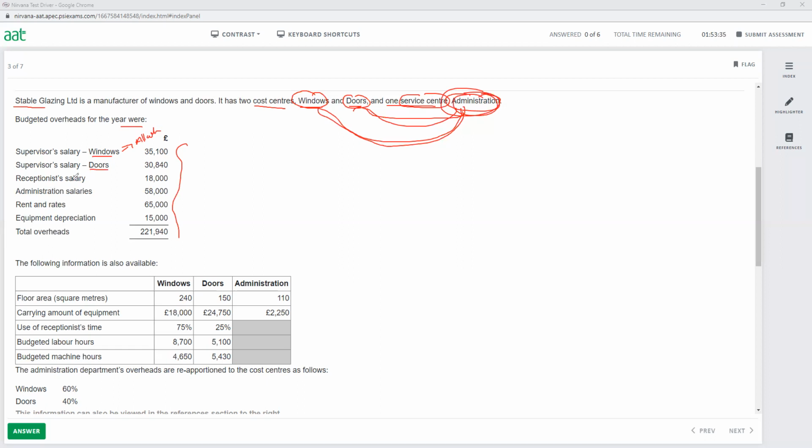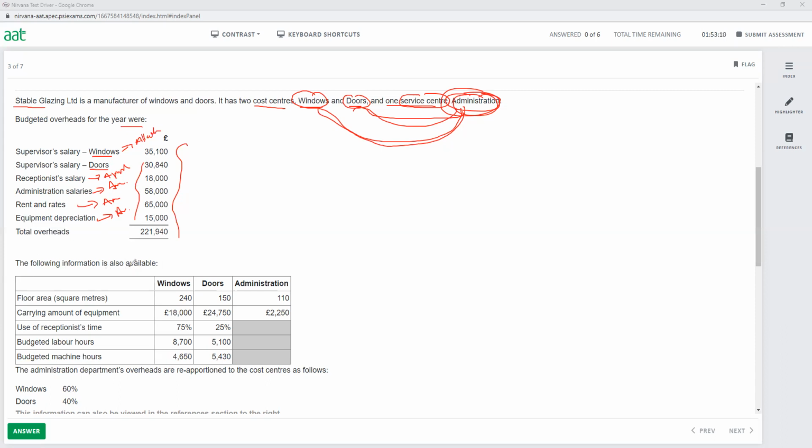Receptionist salary, I don't know, because it may be for both window and door, so we need to apportion it. Admin salary, we need apportionment. Rent and rates, we need apportionment. Equipment depreciation, apportionment. So all of these we need to apportion, except the first two, that is allocation.